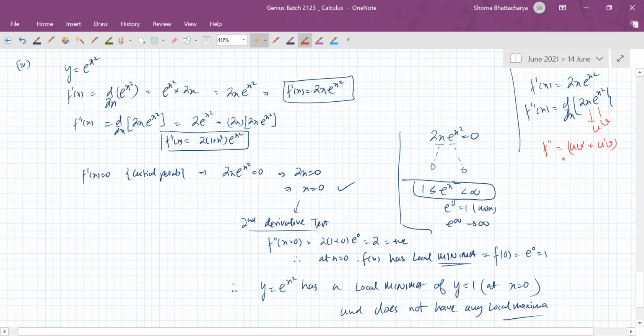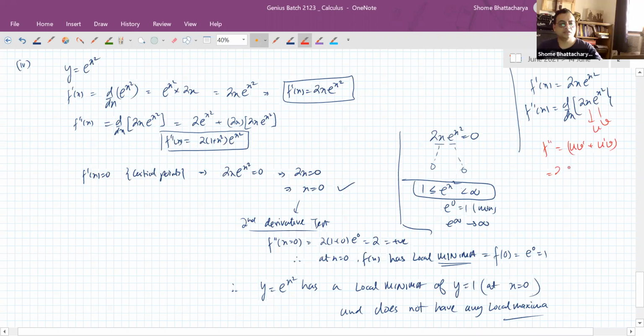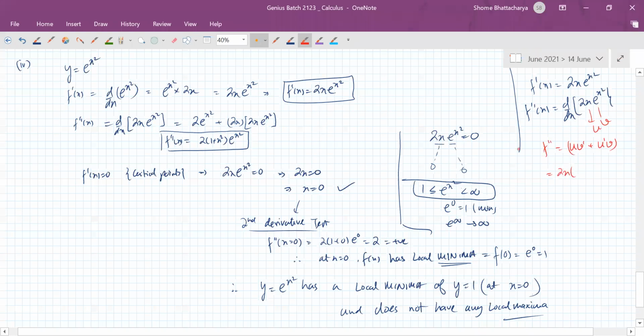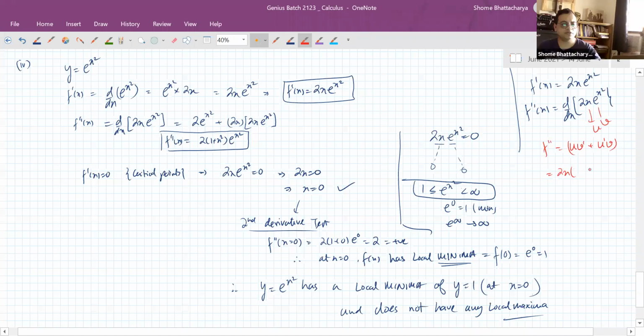So first function, that is 2x into differentiation of e raised power x square. Now differentiation of e raised power x square just above only we have done, so we can just copy it. It is 2x e raised power x square plus derivative of first function. So 2x's derivative is 2 and second function is e raised power x square.